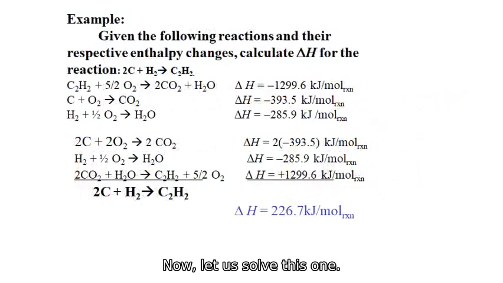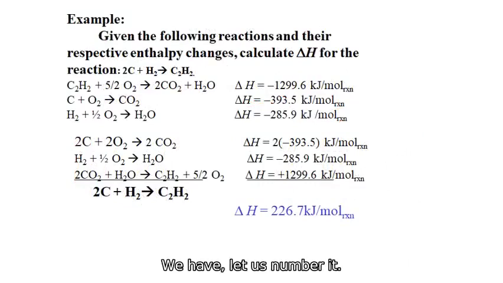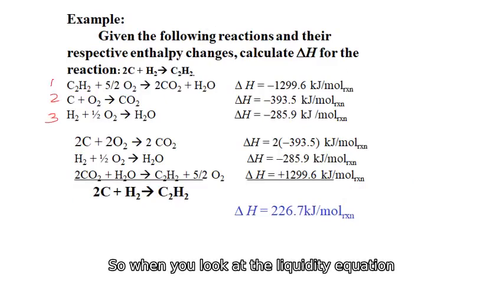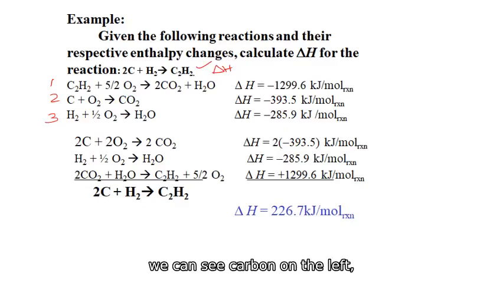Okay, now let us solve this one. From the given equations, let us number them: the first one, equation number 1, second equation 2, equation 3. When you look at the required equation, for which we have to find the delta H, we can see carbon on the left, hydrogen on the left.